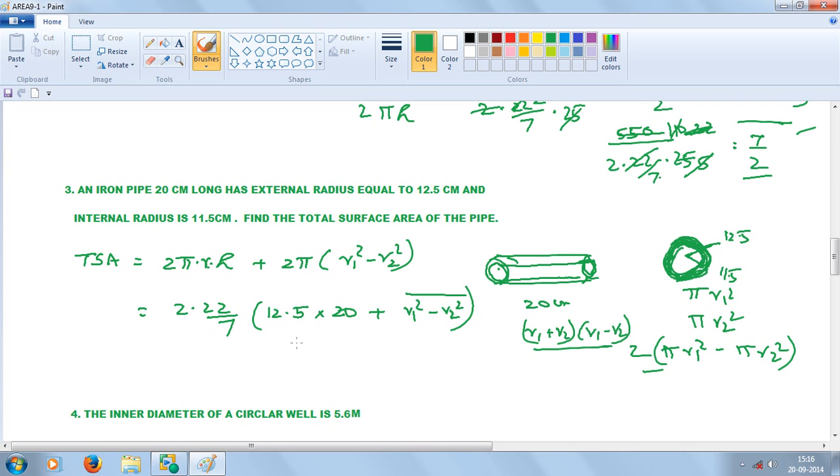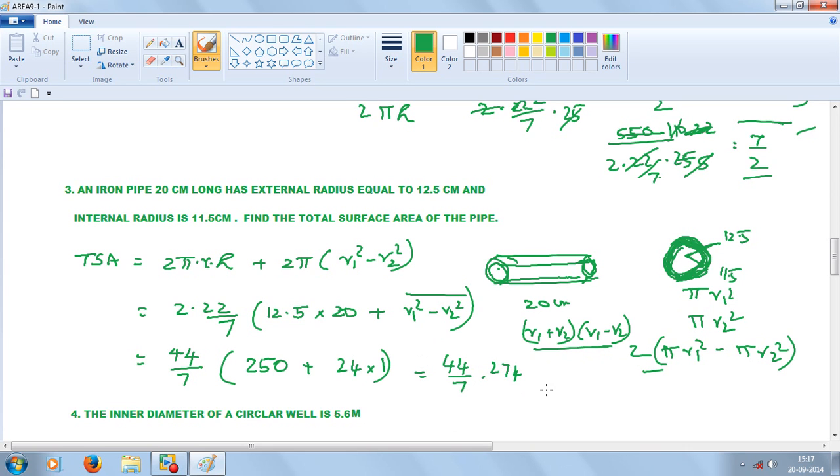Now apply this formula: 2 into 22 by 7, 2 into 22 is 44. 44 divided by 7 multiplied by 20 into 12.5, which is 250, plus a plus b is 24, a minus b is 1.